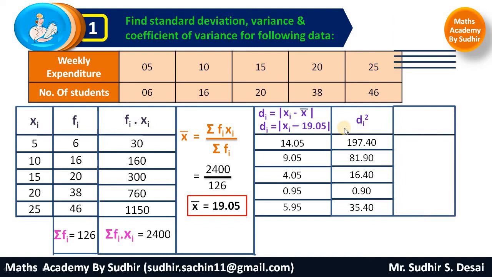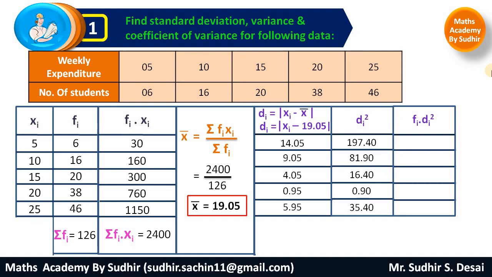So the last column to find the standard deviation for ungrouped data is fi into di square. So carefully multiply fi 6 with its corresponding di square, which is 197.40.